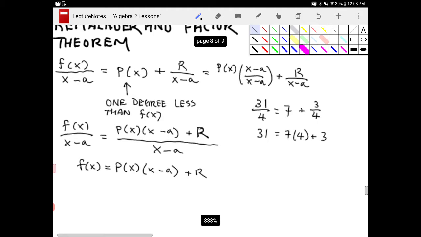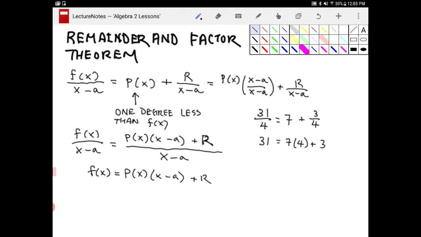Suppose now that I wanted to evaluate the function at a. What will happen then? Well, I don't know what f of x is, it's a polynomial. But suppose that I did substitute in that value.